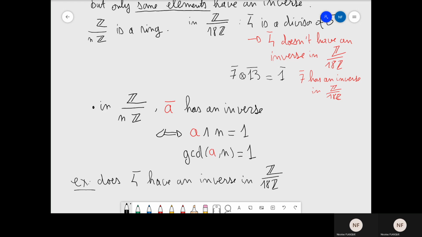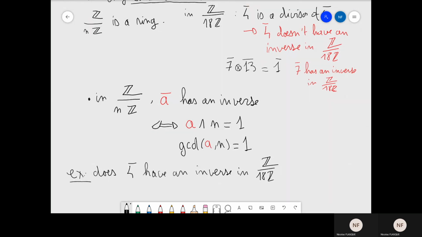We already know that this is false, but let's check with the property that I've just shown you. Actually, the GCD of 4 and 18 is equal to 2. So, as it's not equal to 1, the answer is no. 4 bar has no inverse in Z over 18Z.